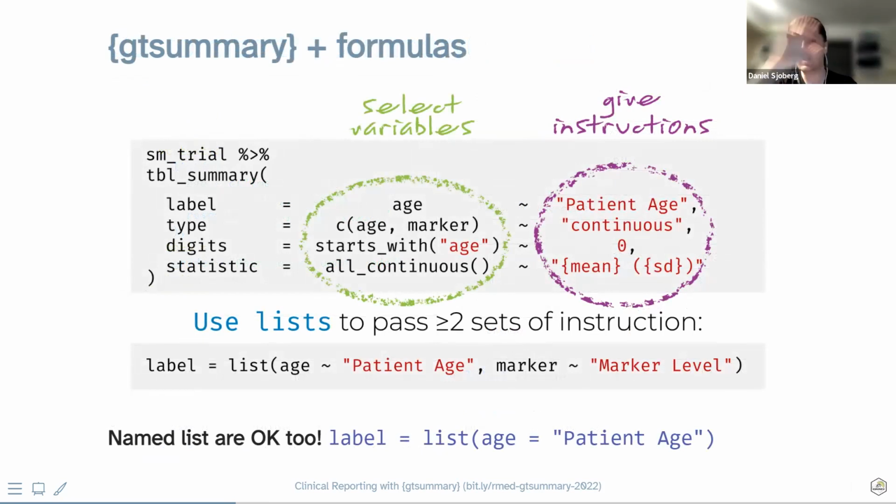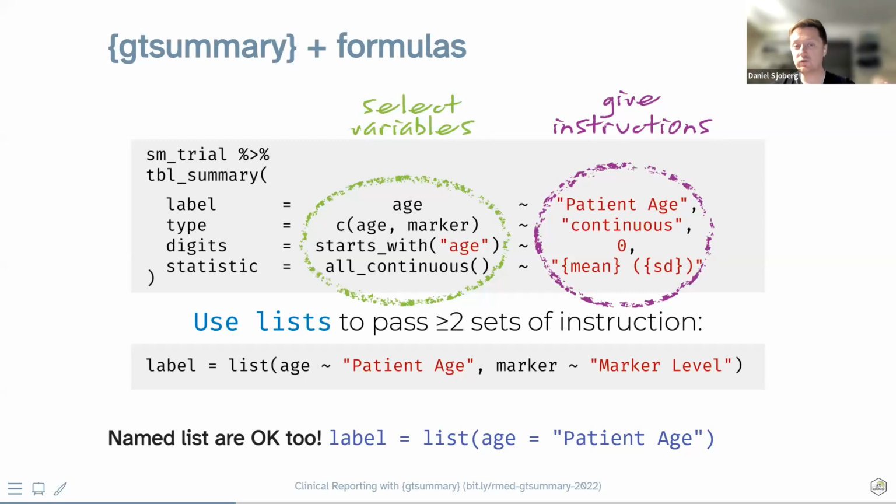So a little bit about how gtsummary works with formulas and selecting variables. So gtsummary supports all of the tidy select syntax that you're likely familiar with already, found throughout the tidyverse, and dplyr and tidyr and whatever. So just very generally, you can pass formulas.